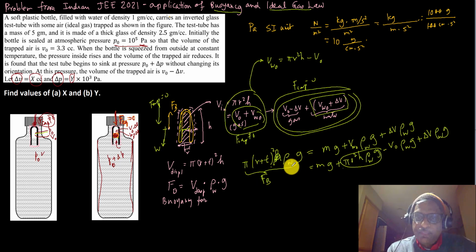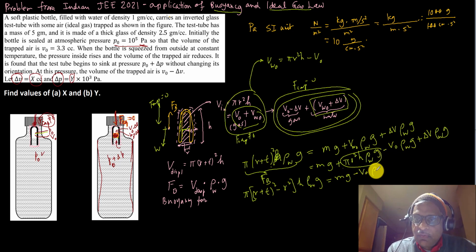So we can combine them. So this just becomes pi (r plus t) squared minus r squared, h rho w g equals mg, and then you have minus V0 rho w g plus delta V rho w g.